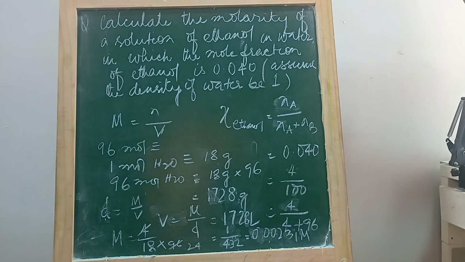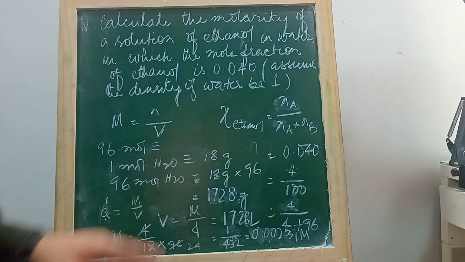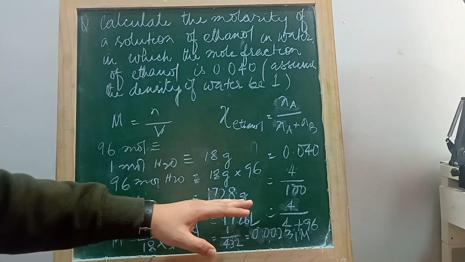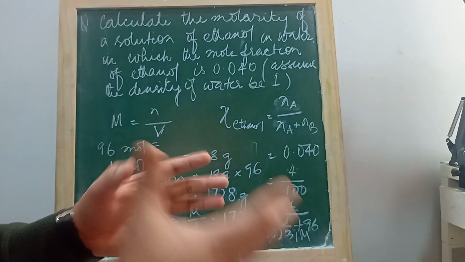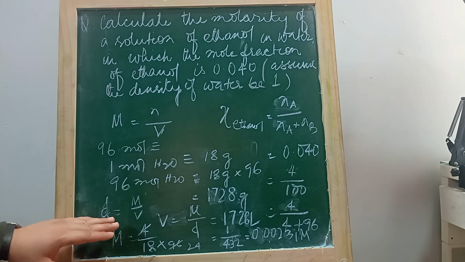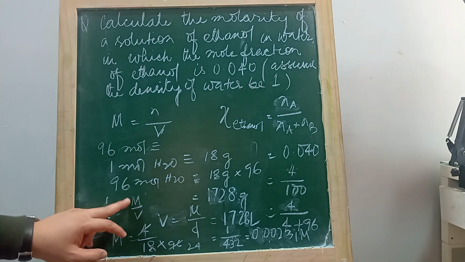What will be the volume occupied by it? This will be calculated when we know the density of the water. Unless we know the density of the water, we will not be able to tell how much space 1728 gram of water will occupy. Density means the ratio of mass to volume, the mass of a substance in unit volume.